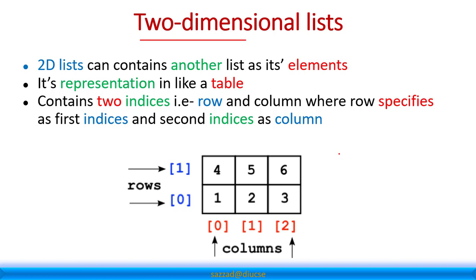That means suppose we are trying to access a value, and our list name is A, then first of all we need to include the row number like 1, and then the second index will include the column number like 1. So it will specify the value which is in that position.